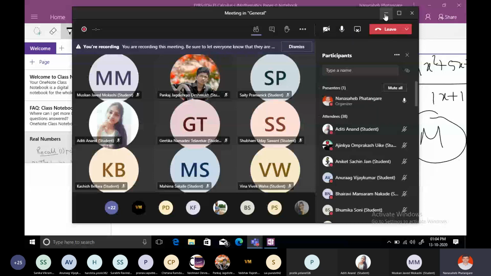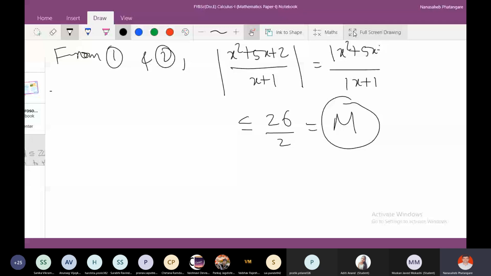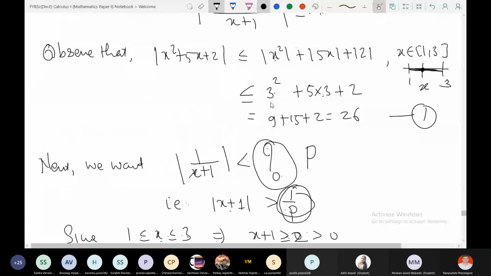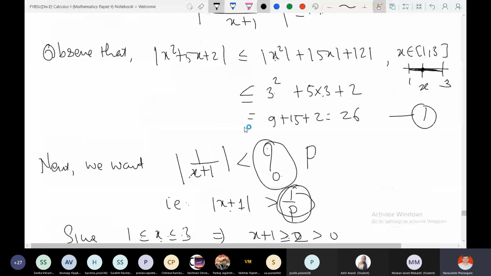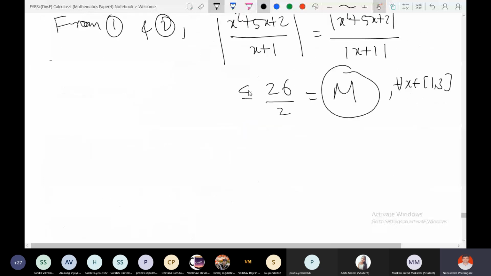Okay, so what we were discussing yesterday, this set is bounded. That means we can produce two numbers such that every element of this set lies in between minus 26 by 2 and plus 26 by 2.